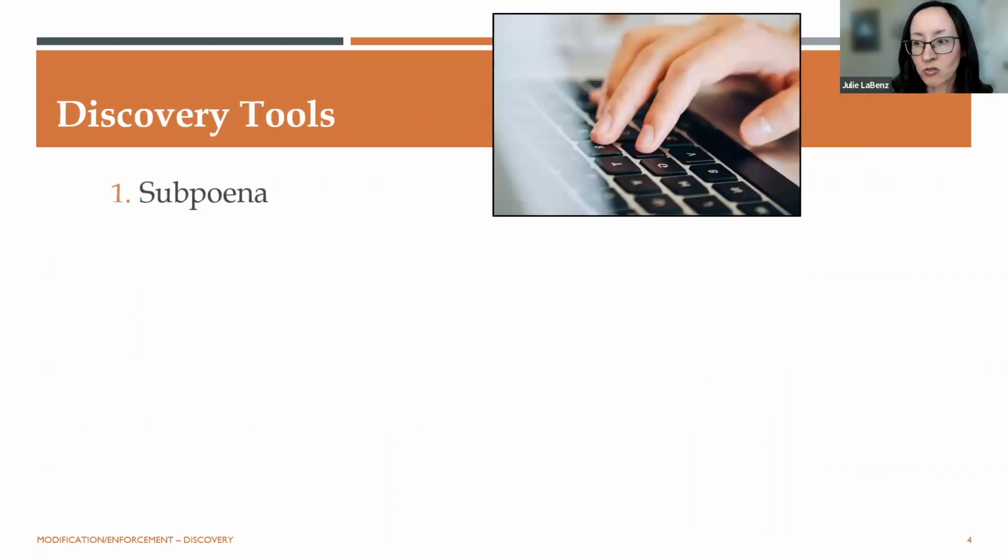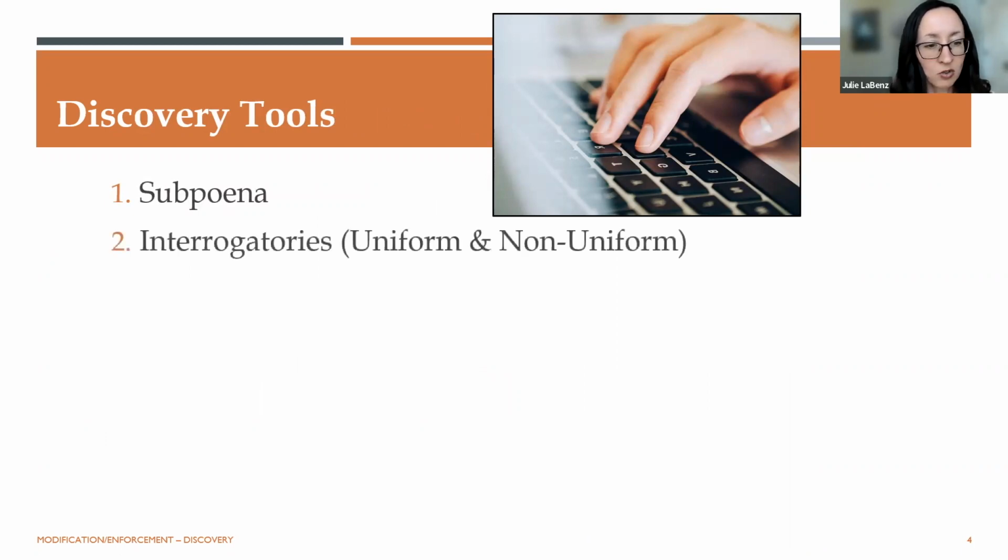What are the discovery tools that are available? Well, there's a subpoena, there's interrogatories, which are a list of questions. And interrogatories can be uniform, which are a set list of questions that have been created for family law, or non-uniform, where you create your own questions for the other side to answer.